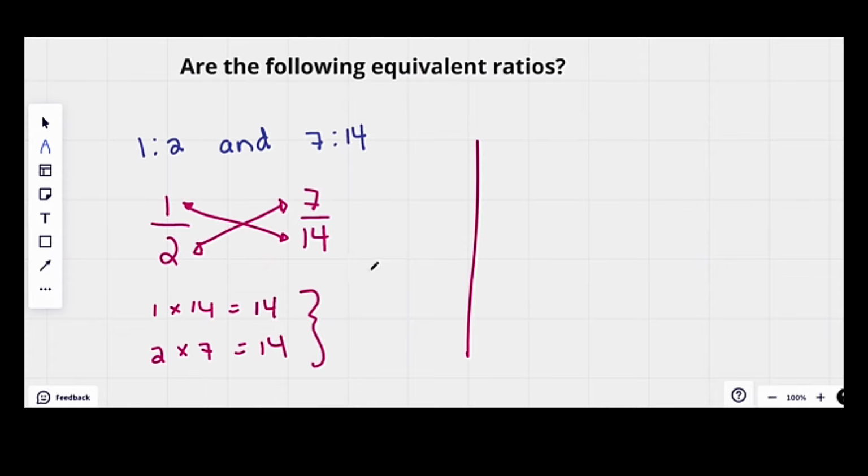So this is how we know if 2 ratios are equivalent. We just do the cross multiply, and if we get the same answer for both, then they are equivalent. If we get different answers for both, then they're not equivalent. Okay, the other way that we can find out is, once again, we put them into fractions.